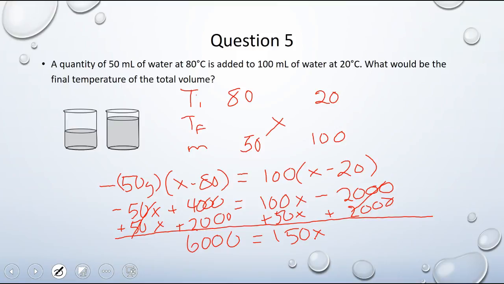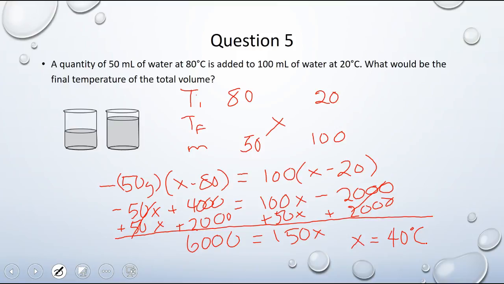Using my calculator really quickly, I get that X is equal to 40 degrees. And that makes sense.